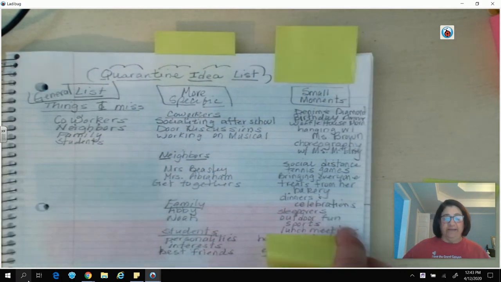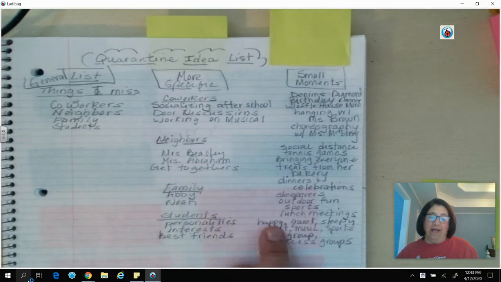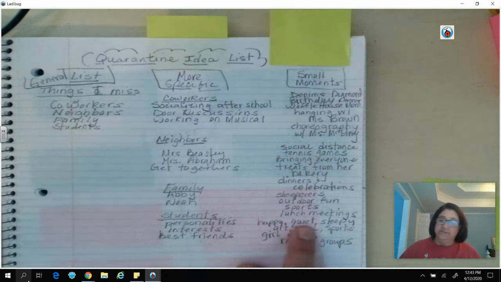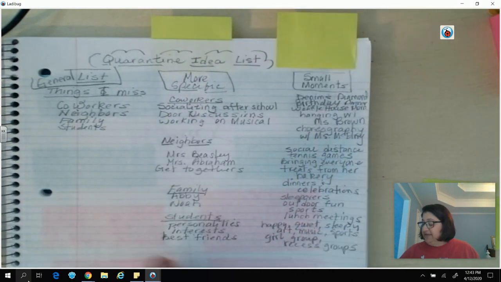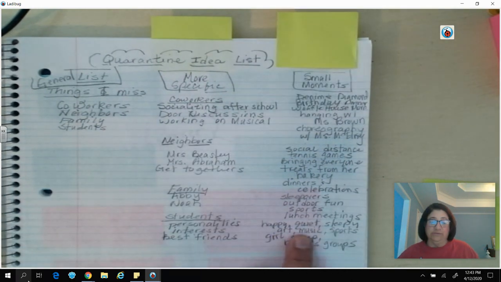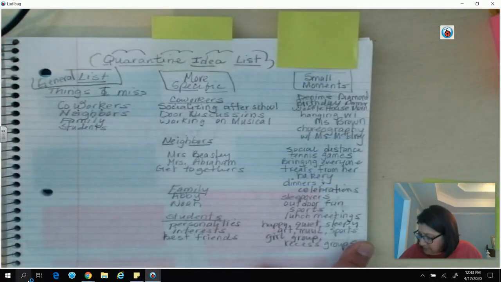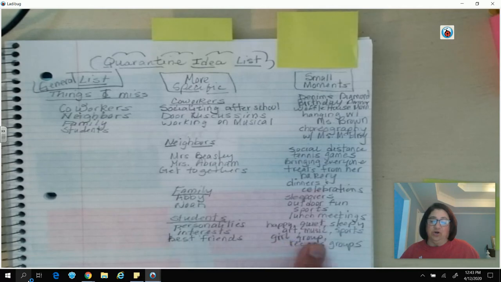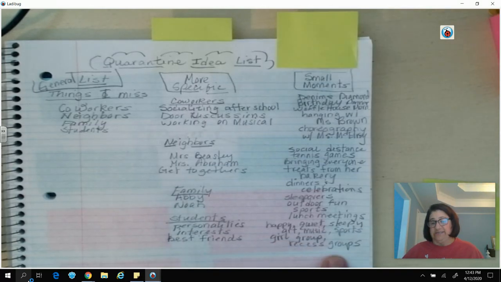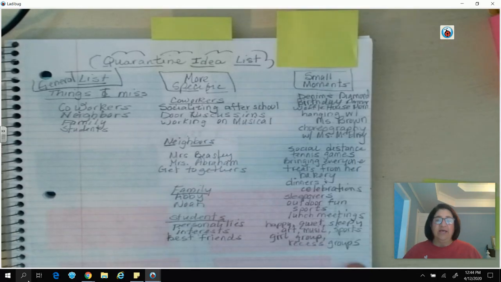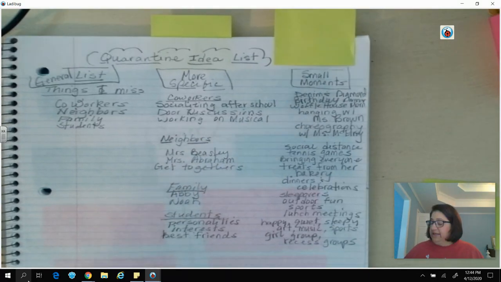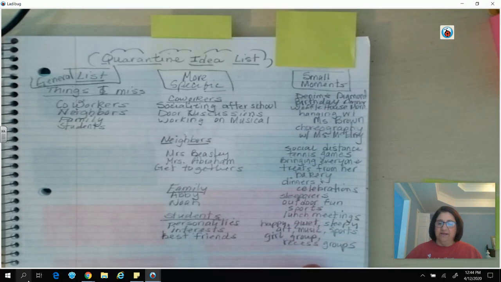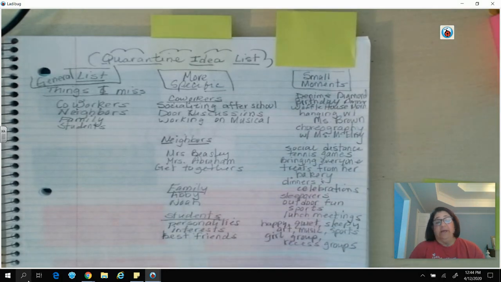And then finally, with my students, I thought about all their personalities, our happy, quiet kids, our sleepy kids, things that they love, art, music, sports. And then their little best friend groups. We had couple girl gangs, girl groups, who played with who at recess, what games they played at recess. But these all help me think of very specific things I could take a moment and write about.